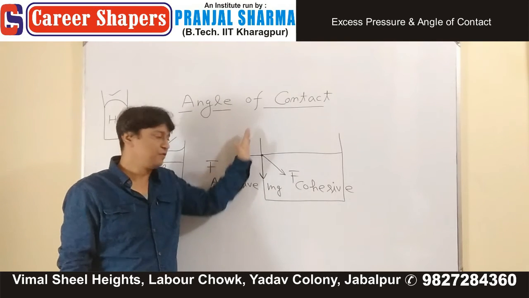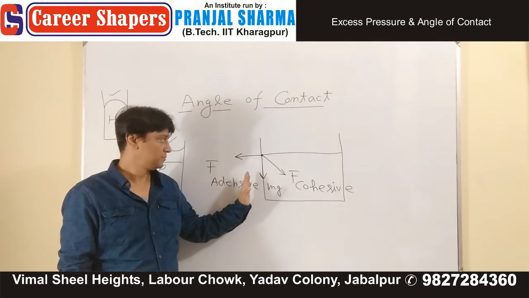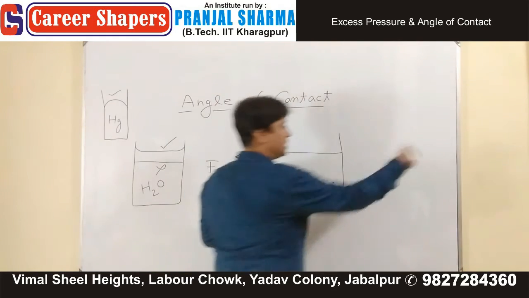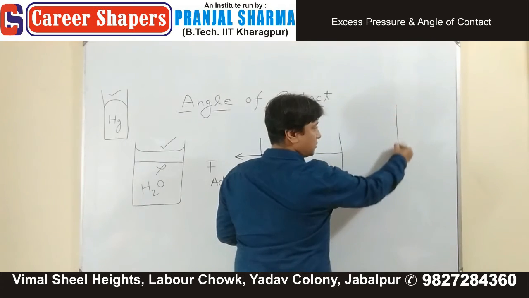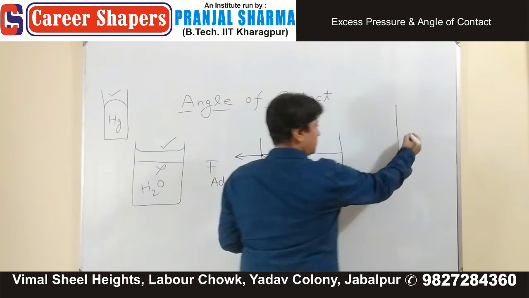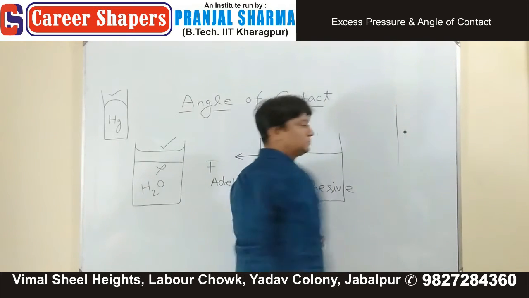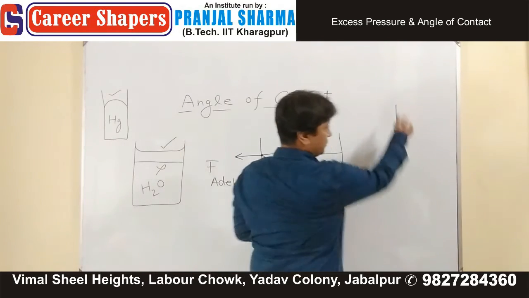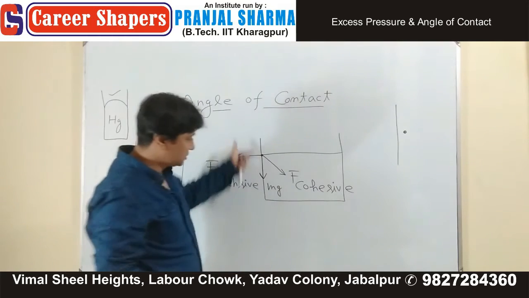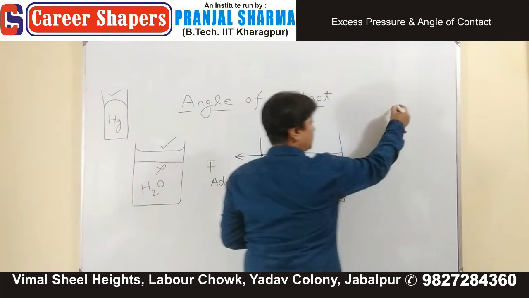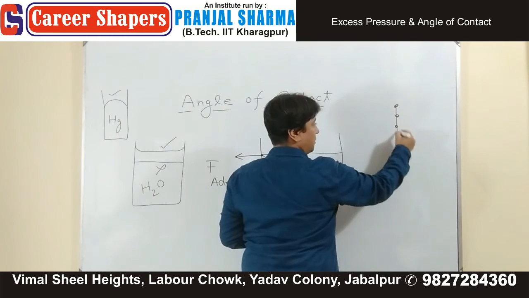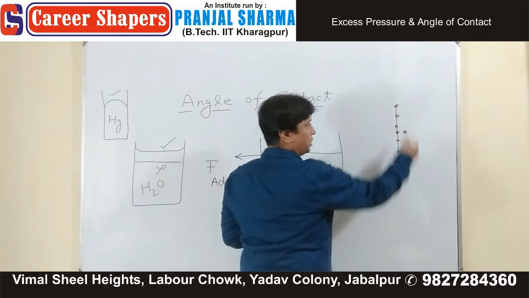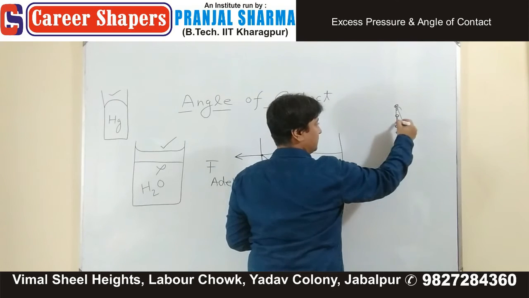Adhesive coming from walls. And why is the force horizontal like this? Look here. This is a wall. This is the molecule. Water molecule over here. Free body diagram. This is the wall. Glass wall. The glass wall also has what? Several molecules. And these molecules are pulling this one towards itself.